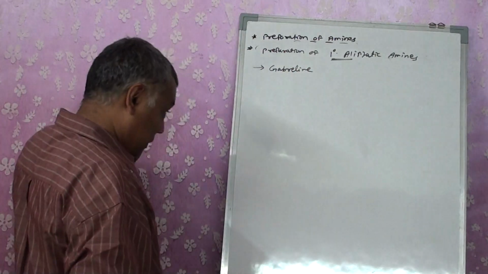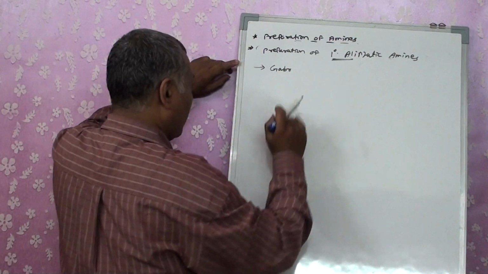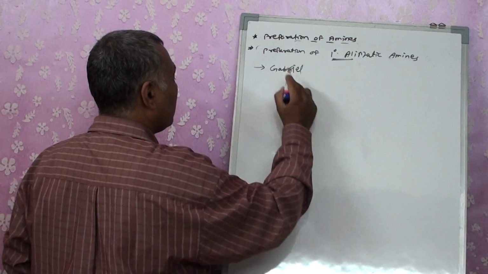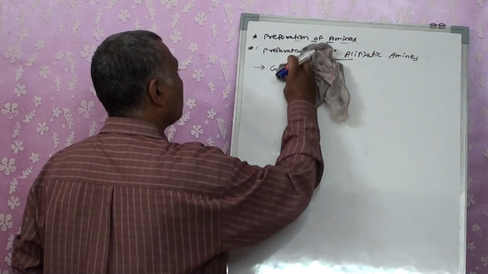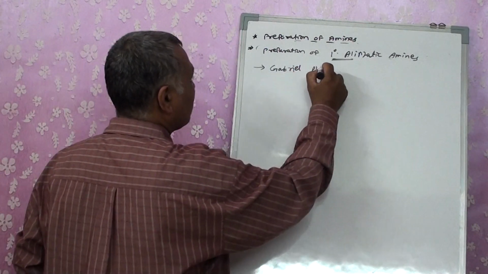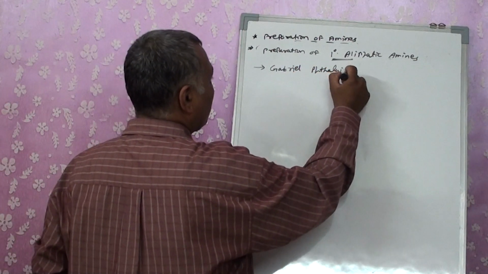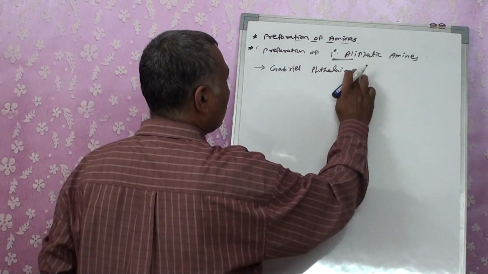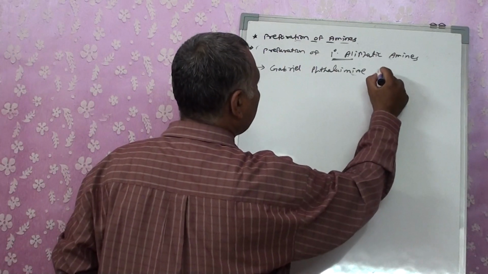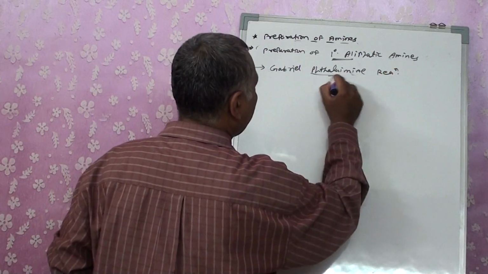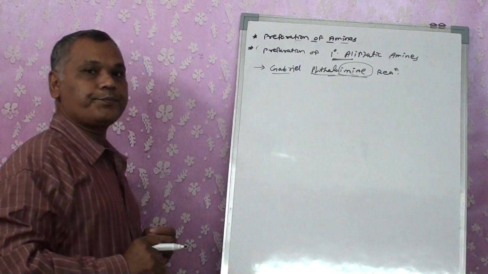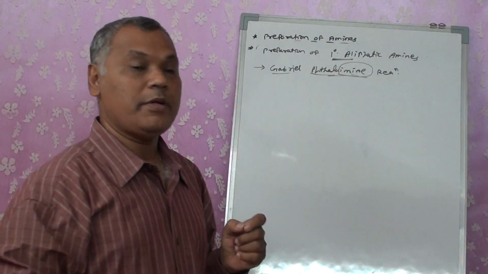Gabriel. We will write it, Gabriel phthalimide reaction. See, this is an imine group. It's particularly an imine, right?